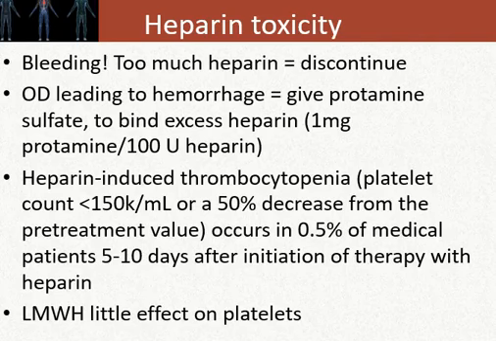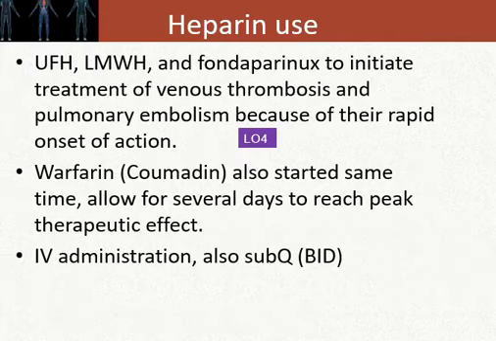The heparin-induced thrombocytopenia more often occurs in women, and it more often occurs in women who have been treated with the unfractionated or the heavyweight heparin molecules. Low molecular weight heparins have a much lower incidence of heparin-induced thrombocytopenia, and actually low molecular weight heparins by themselves have relatively little effect on platelet activity to begin with.